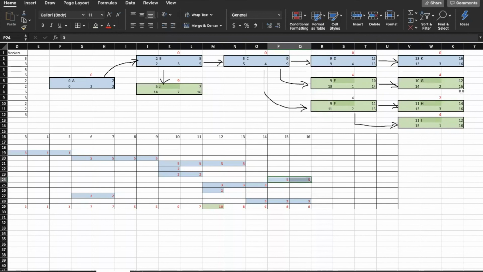So that improved day 12. Right now at day 12 we have 10 workers. Let's see if we can improve this maybe a little bit more.